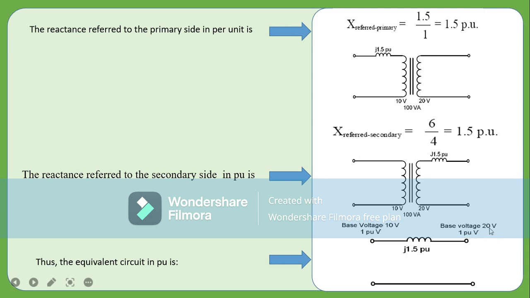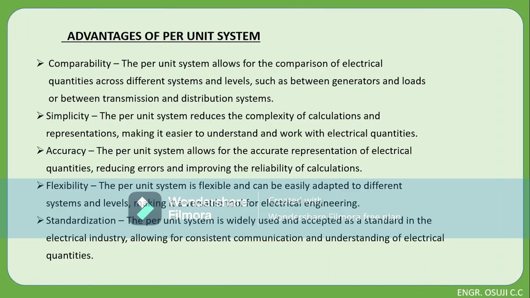Our base voltage used to be 20, and the given voltage is 20, so 20 over 20 will have 1 per unit as the voltage. This side, the same thing, we have 10 over 10, which is 1 per unit. So this is our per unit reactance. I think this is beautiful. We'll look at how it works when we look at a bigger problem.